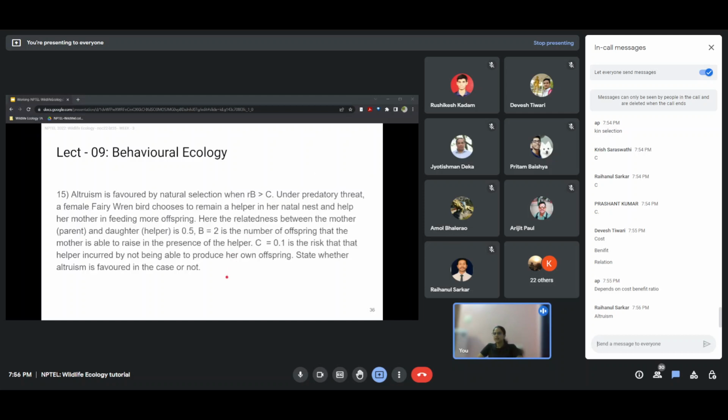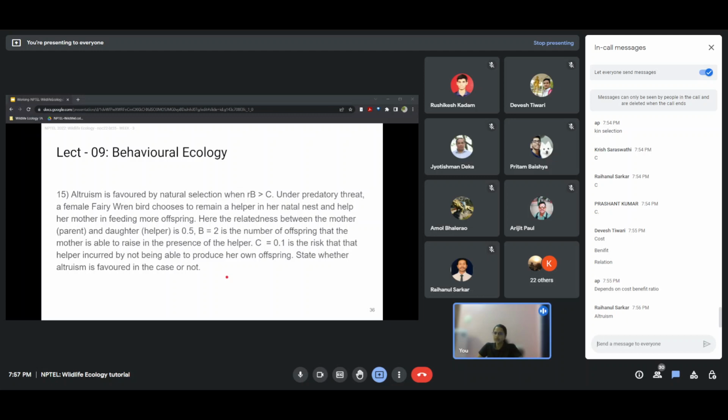Okay, so yes, altruism is favored by natural selection when R times B is greater than C, where you have relatedness times the benefit to one party is greater than the cost that the altruistic party has to suffer.